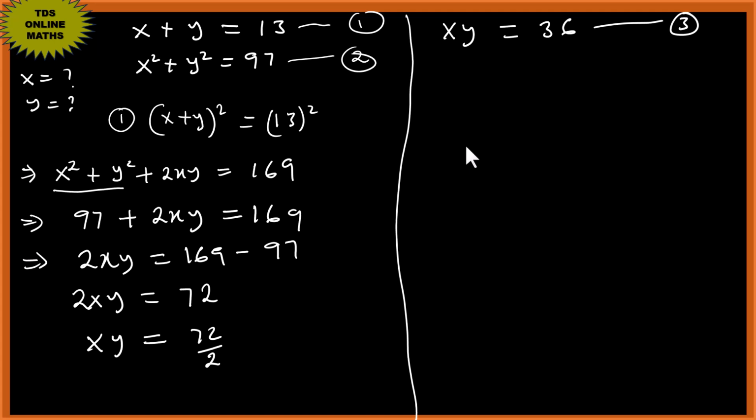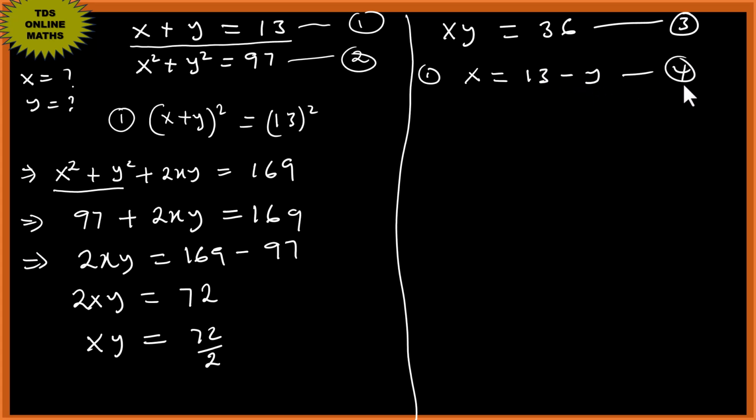Now the idea is to solve for x and y. We can do substitution here from 1 again. From 1, x is the same as 13 minus y.